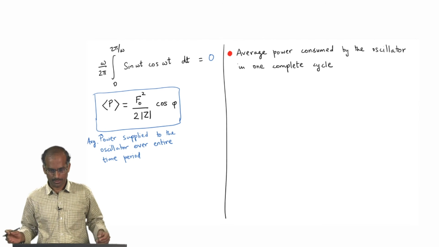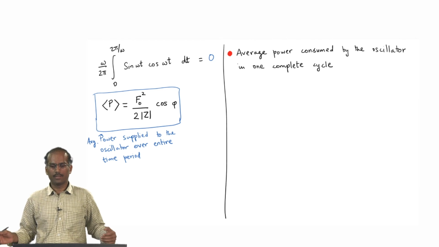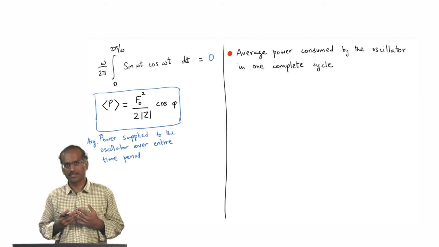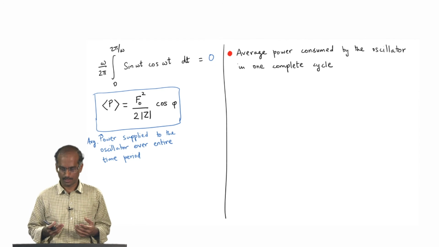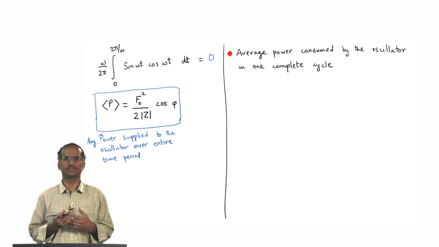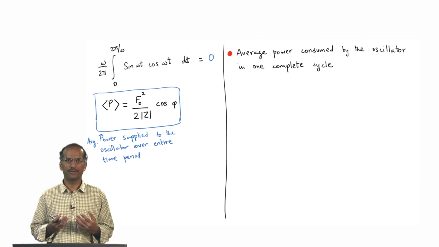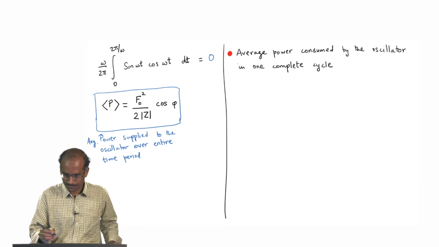I want to compute this quantity, the average power consumed by the oscillator in one complete cycle. So, it means that the oscillator is overcoming friction and is doing work. So, essentially what I want to know is the rate of doing work against the friction.